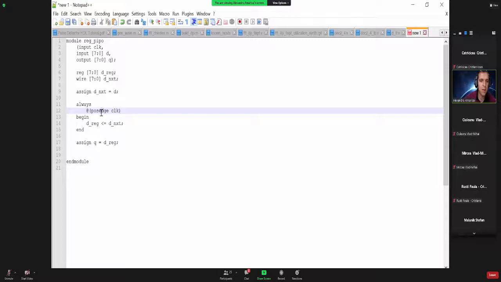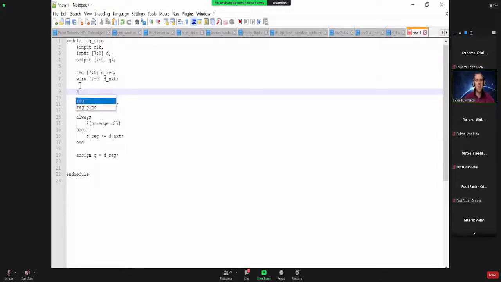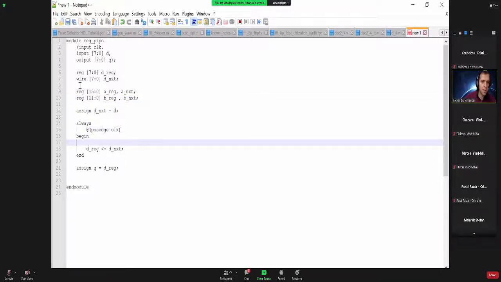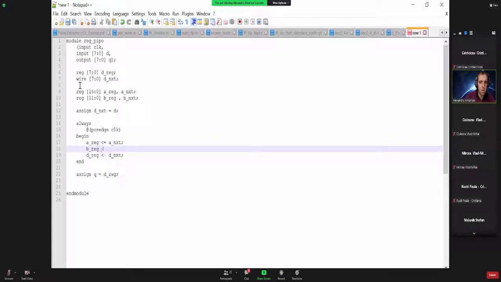So if you have, let's say you want to add a 16-bit register called A, let's put it like this, declaration, and a 12-bit register B. So the sequential block is like this.